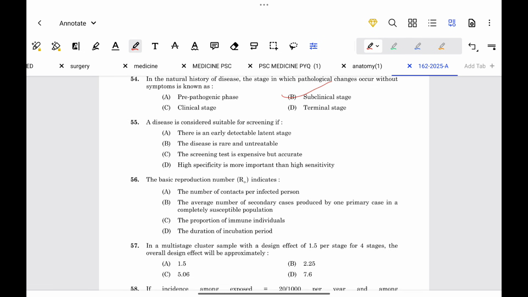A disease is considered suitable for screening if there is an early detectable latent stage. The basic reproduction number indicates the average number of secondary cases produced by one primary case in a completely susceptible population. This is option B.